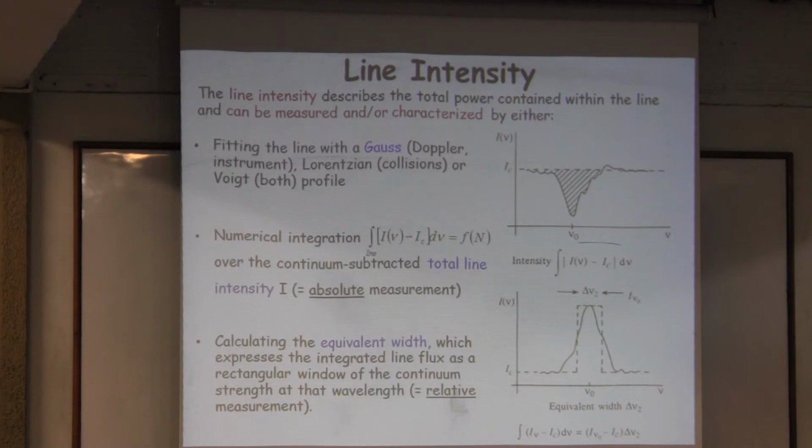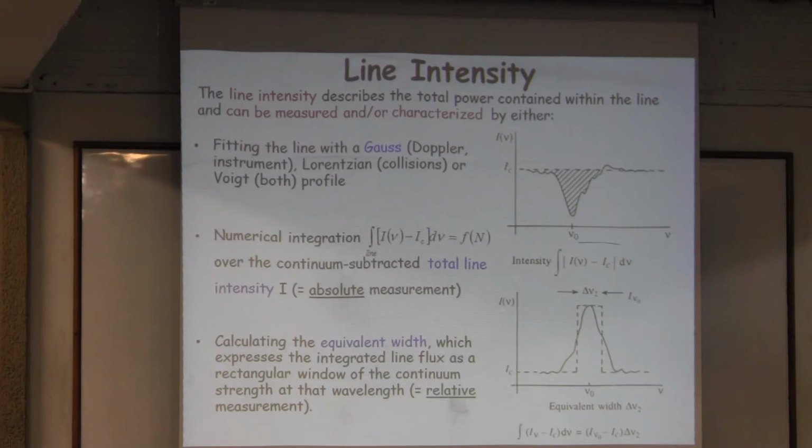But one important quantity for all spectroscopy is the so-called equivalent width. Have you heard this before? The equivalent width is very handy because it is essentially the width that your integrated line flux would have in a rectangular window with respect to the continuum strength.